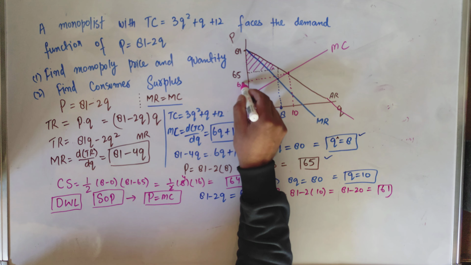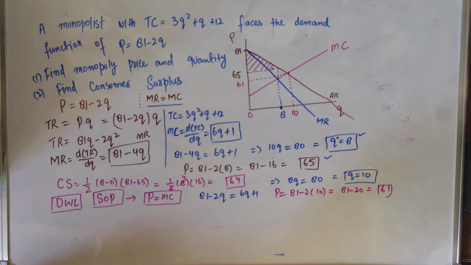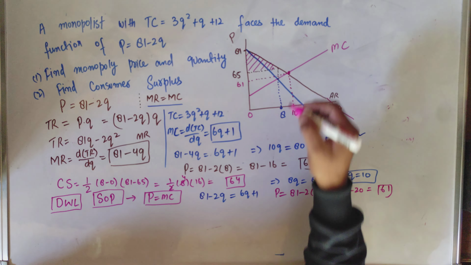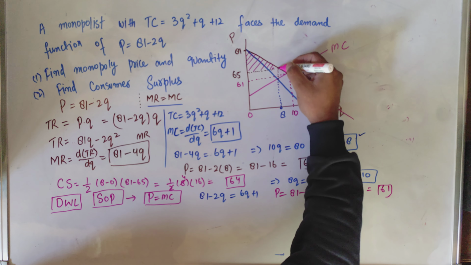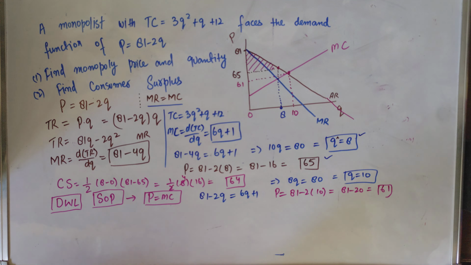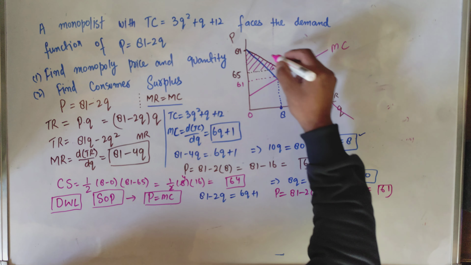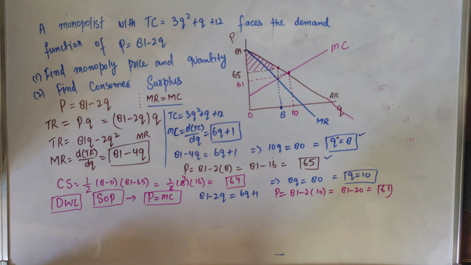Remember, this point shows us the perfectly competitive output, and this point shows us the monopoly output. So what is deadweight loss? It is the economic inefficiency that is caused when the supply and demand functions are out of equilibrium. At this point they are at equilibrium, at this point they are out of equilibrium.